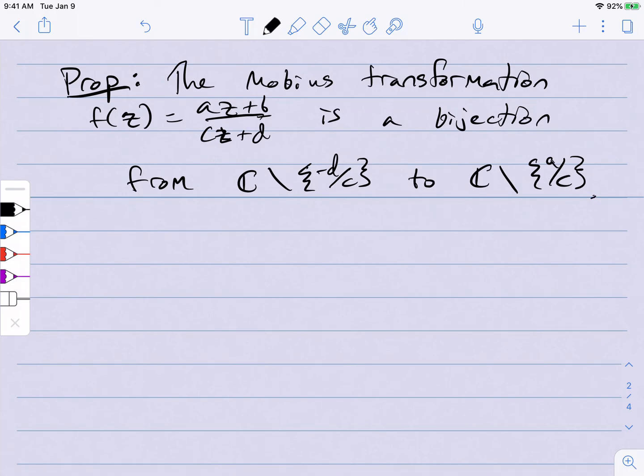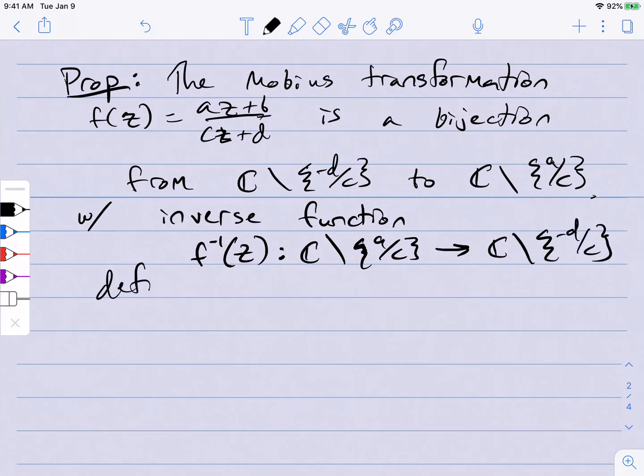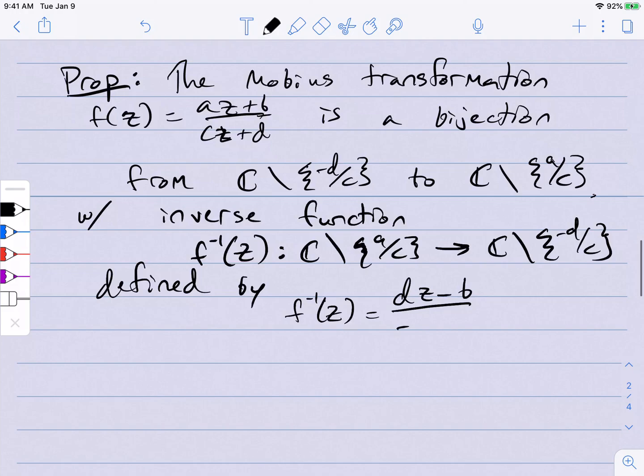And so it's a bijection, so you might ask, what is its inverse? So it has an inverse function. The inverse, f inverse of z, is going to go from the complex numbers minus a over c to the complex numbers minus negative d over c, and its formula is given as follows: d z minus b over negative c z plus a.